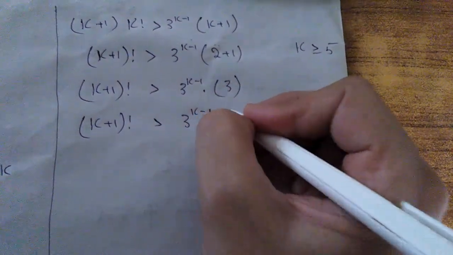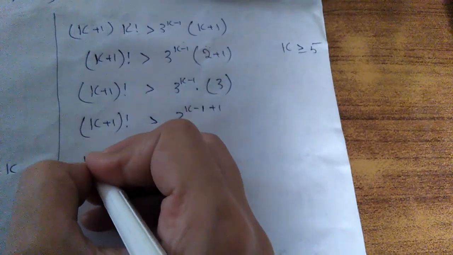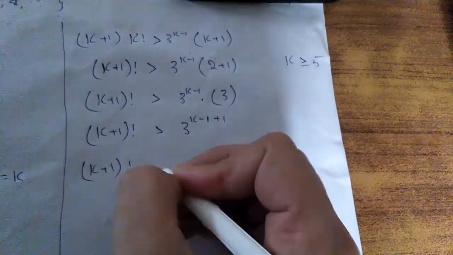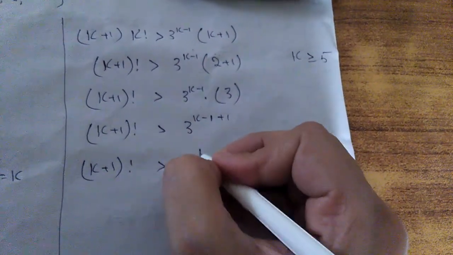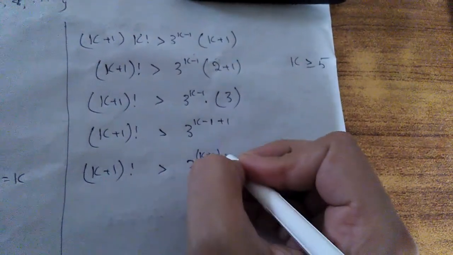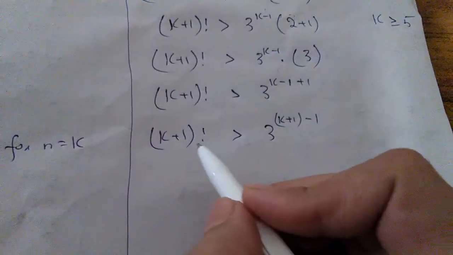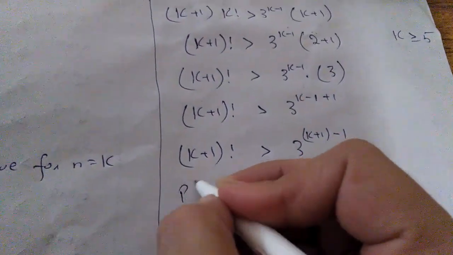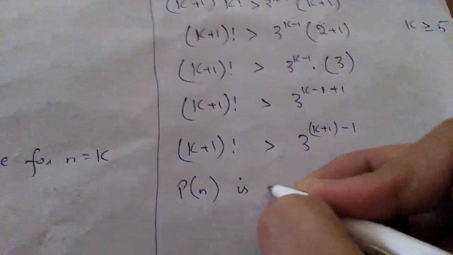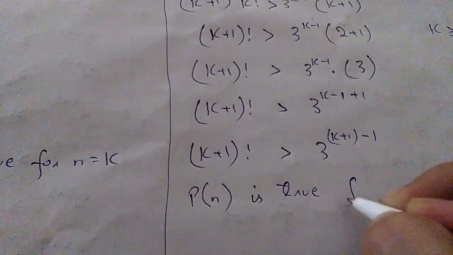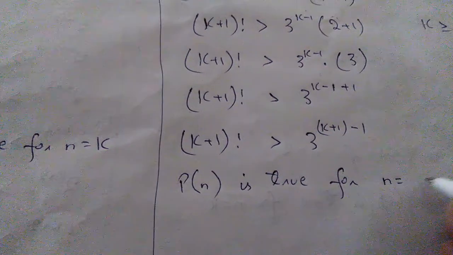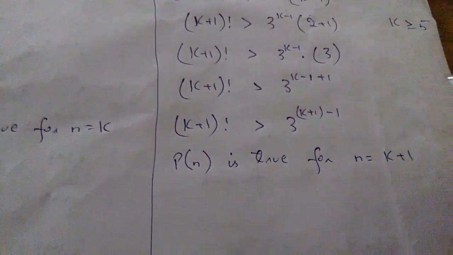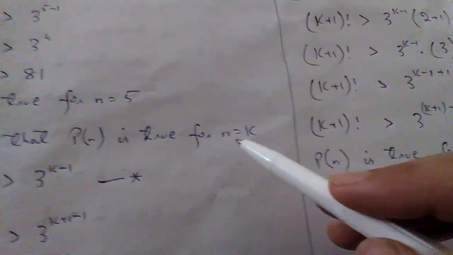Here the power is 1. Okay. So let us arrange 3 power k minus 1. So this is the format. Like your P of n is true for n equals to k plus 1, if it is true for n equals to k.